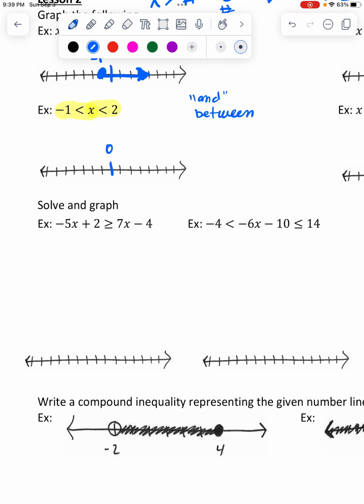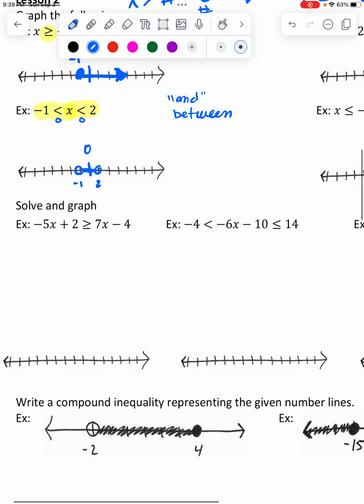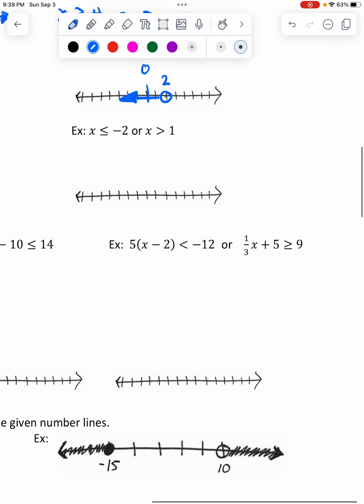There's not an or equals. So both of these are going to generate open circles rather than closed. So at -1, open circle. At 2, open circle. And I am everything in between. And so I'm going to just draw a little line in there. So it's kind of like a little line segment for everything from -1 up to, but not including, in this case, 2.